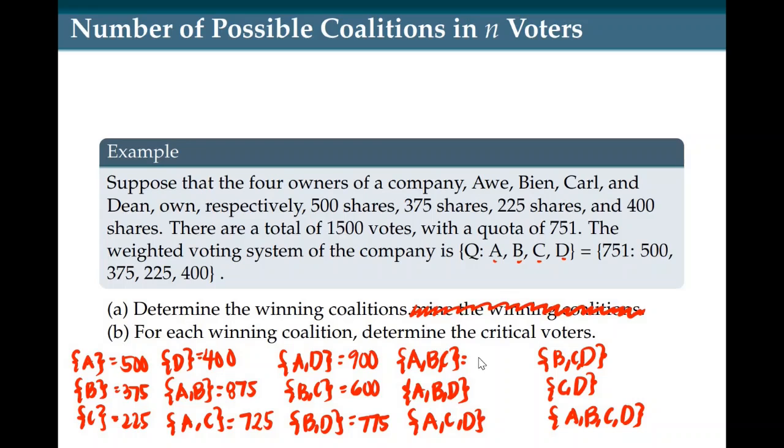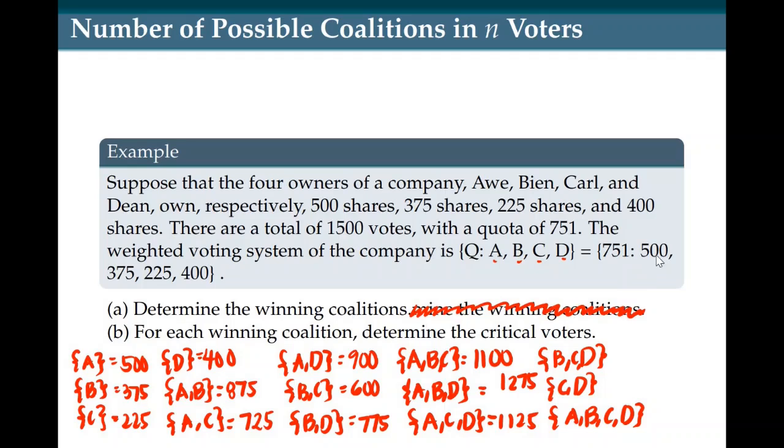A, B, and C, 1,100. A, B, and D, that is 500 plus 375 plus 400, that is 1,275. A, C, and D, 500 plus 225 plus 400, that is 1,125.